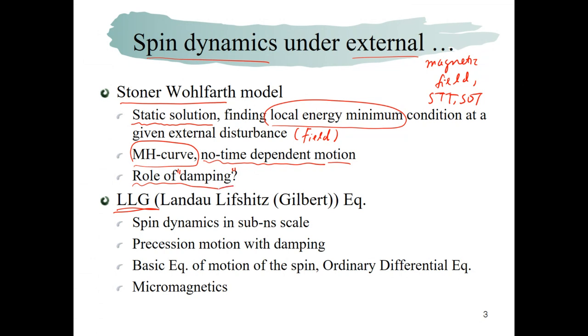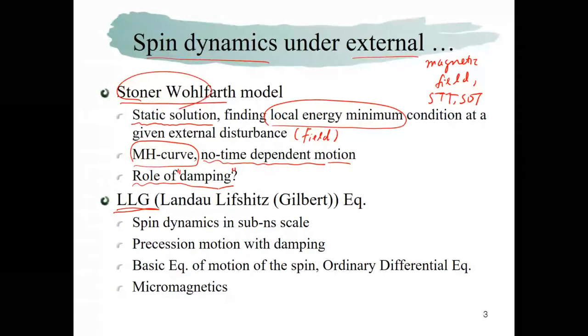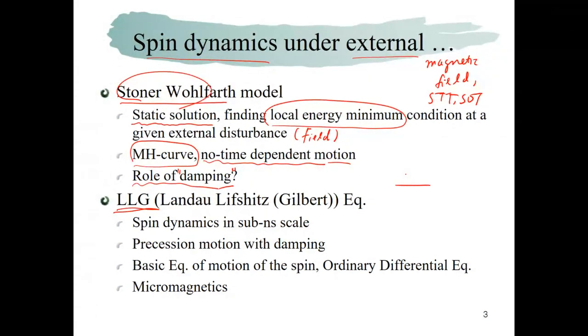And why does this damping not occur? Because the Stoner-Wohlfarth model is something like this. If you have a ball, and you throw the ball vertically, you know the result.